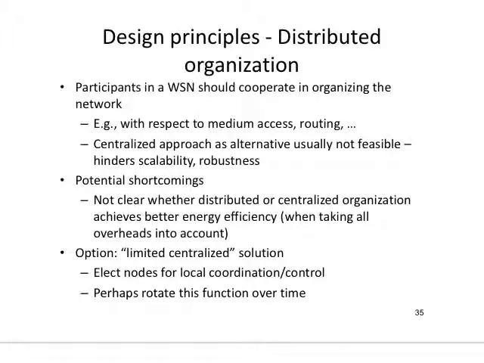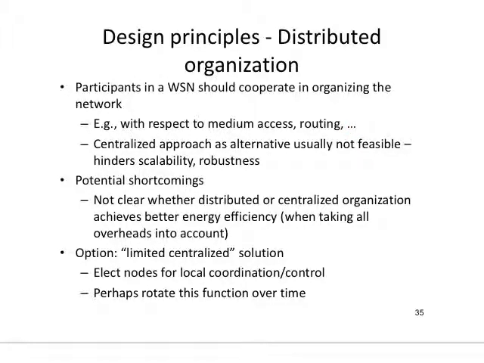So we can collect the information and pass all of it to the sink node, the centralized node, and then the centralized node can perform some kind of centralized optimization, and then send back the results to the nodes. This can be done to perform medium access control, or routing, or processing, or anything.